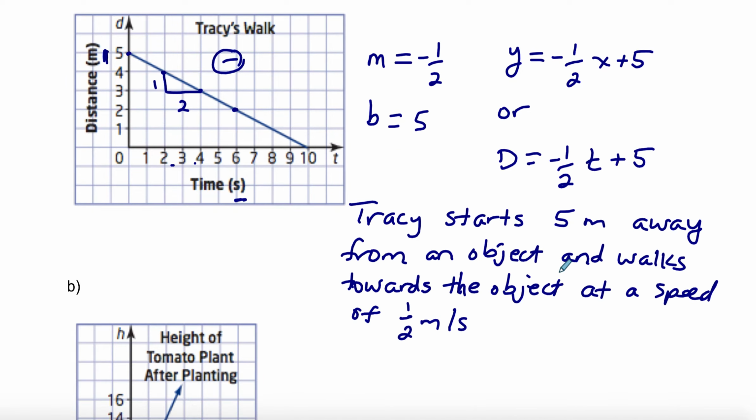So we can say that Tracy starts 5 meters away from an object and walks towards the object. When we say that she's walking towards the object, we can't really have a negative speed, but when we put that in our statement that she's walking towards the object, that is taking into account this negative speed. Speed can't be negative. Another way, instead of 1/2 meters per second, we could say she's walking at 0.5 meters per second towards an object.